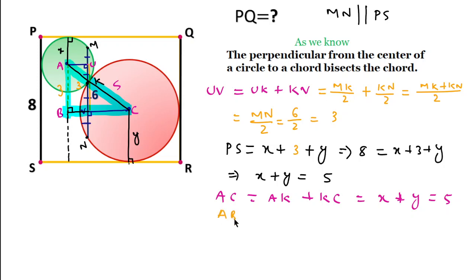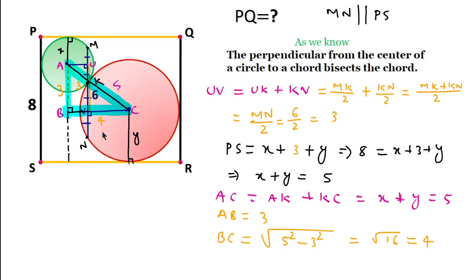We can write AB equals 3. So we can easily find BC using the Pythagoras theorem. We can write 5 squared minus 3 squared, that is 25 minus 9, under root 16, which is equal to 4. So the BC length will be 4 units.